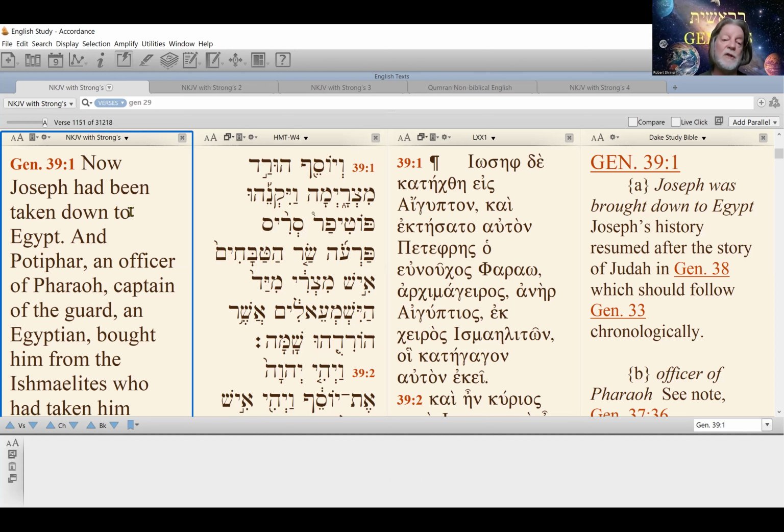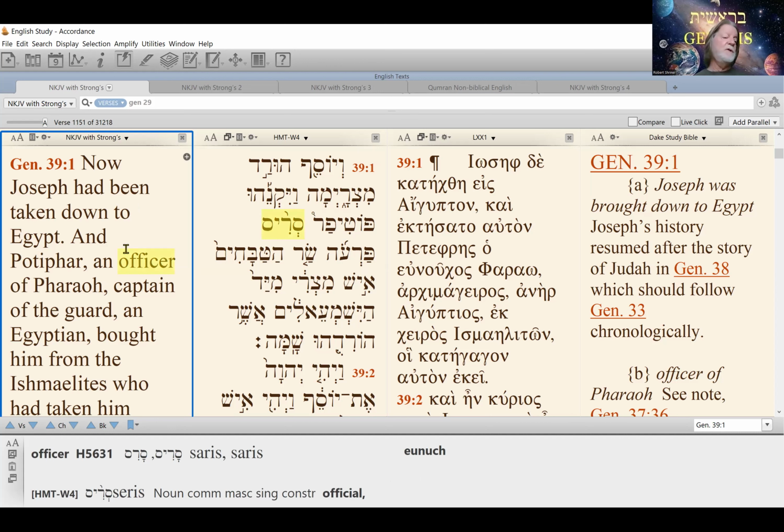And that is a legitimate translation. It's often used in contexts that don't demand a castrated male. But I think it's most likely that Potiphar, although high-ranking and powerful and influential in the king's court, would probably be a castrated male. So keep that in mind.